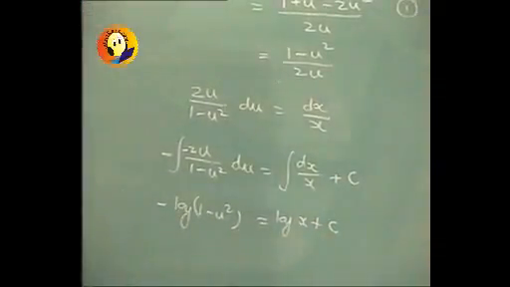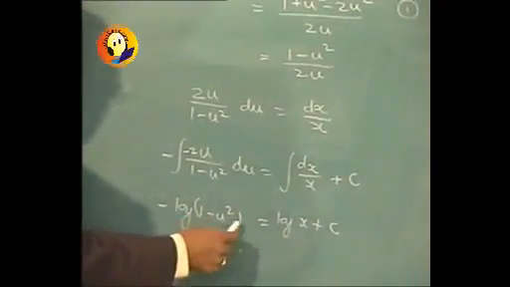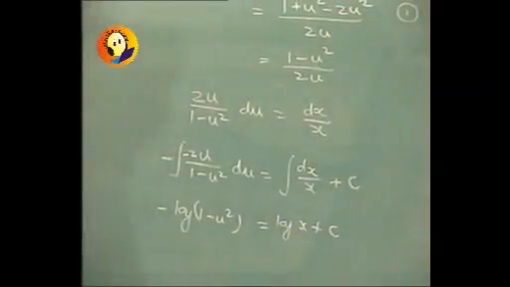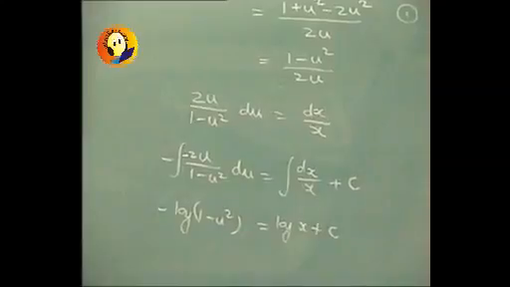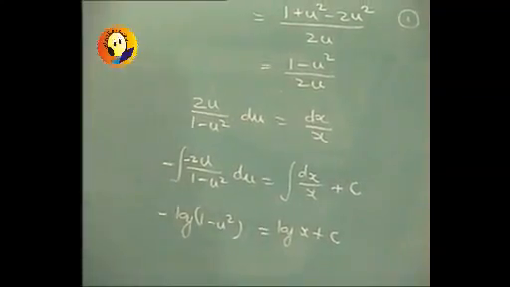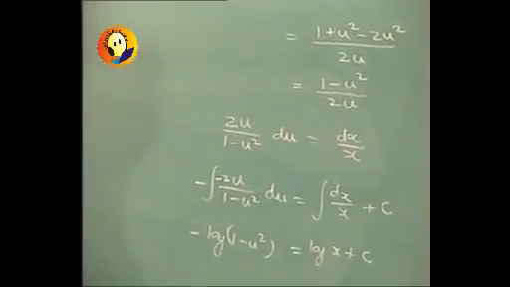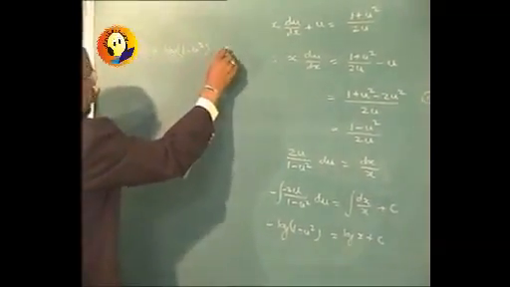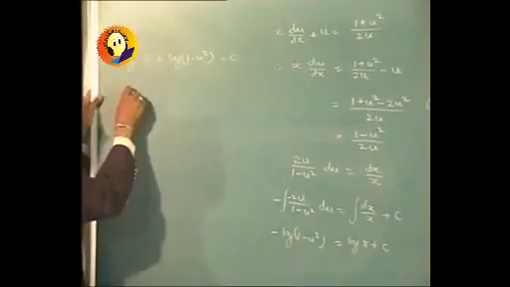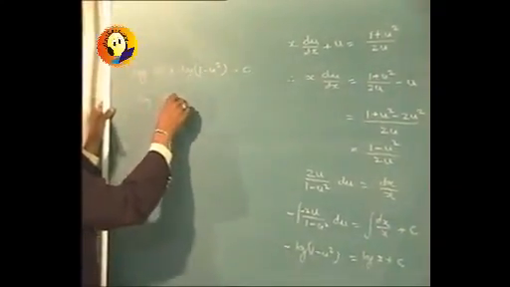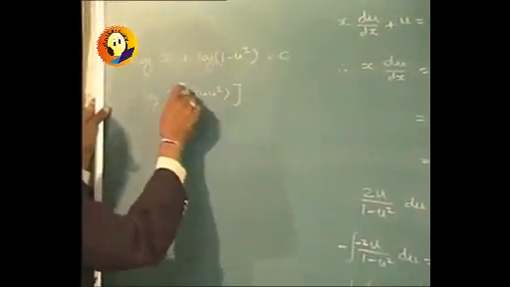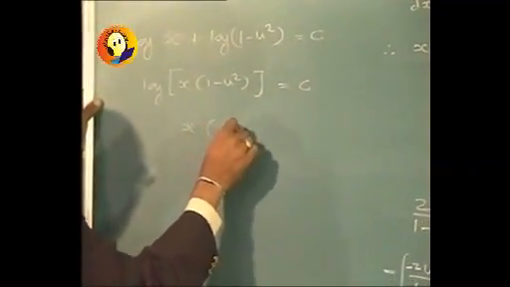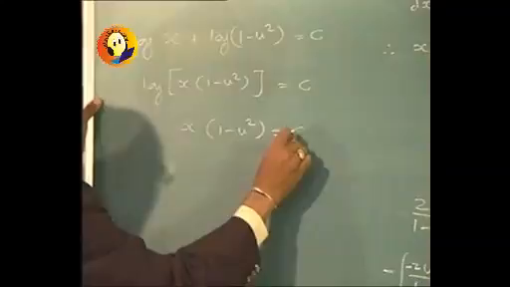So taking this log term, that is log of 1 minus u square, to the right hand side, we can rewrite it as log of x plus log of 1 minus u square equal to constant, and so it will be log of x into bracket 1 minus u square equal to constant, that is x into bracket 1 minus u square equal to constant.